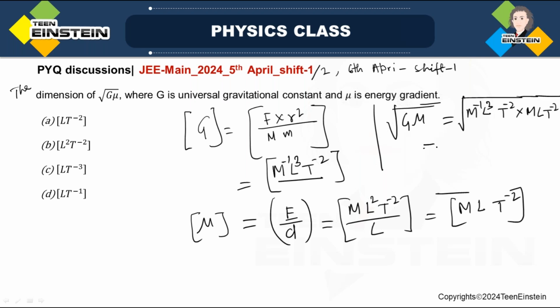So look what I'm getting: this M to the power minus 1 and M will cancel each other. So what I'll get ultimately inside the square root is L to the power 4 and T to the power minus 4.